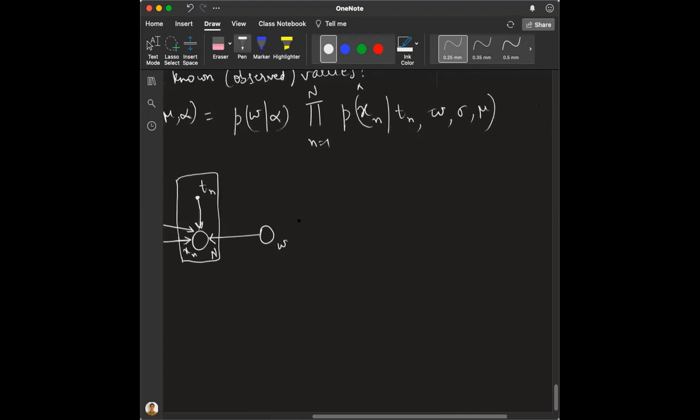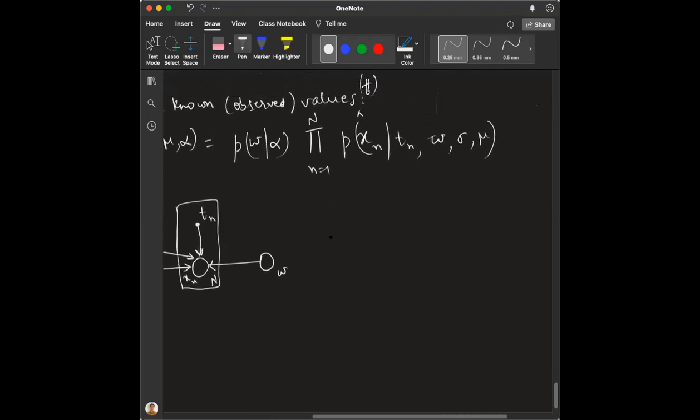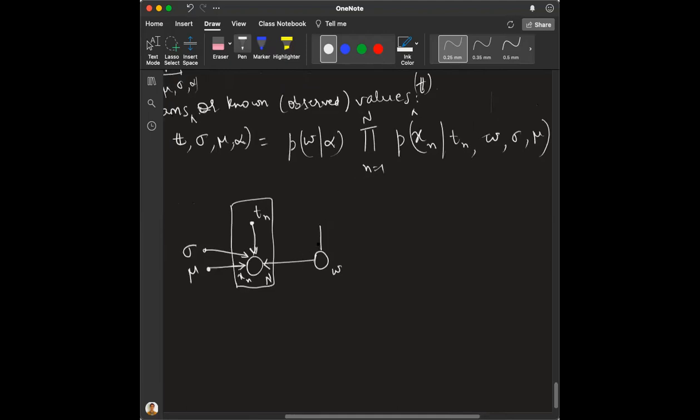And then W is also dependent on alpha, and alpha is a deterministic parameter, right? So that is my graphical representation of this distribution. Clear? Okay.